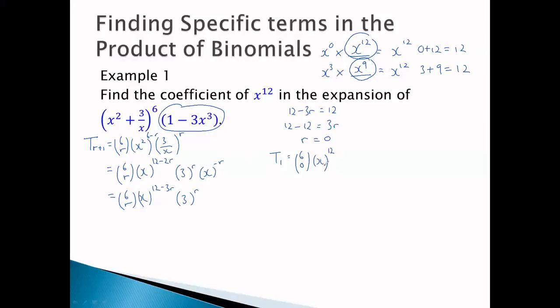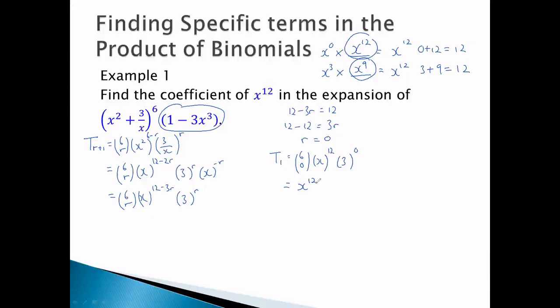And 3 to the power 0. So in fact, 6 choose 0 is 1, 3 to the power 0 is 1, so it's just x to the power 12.